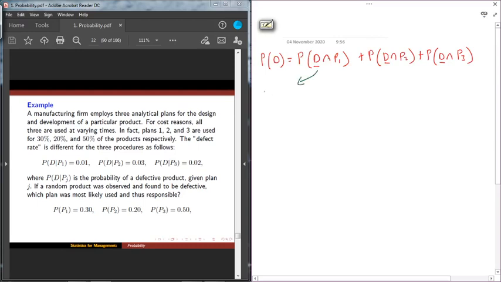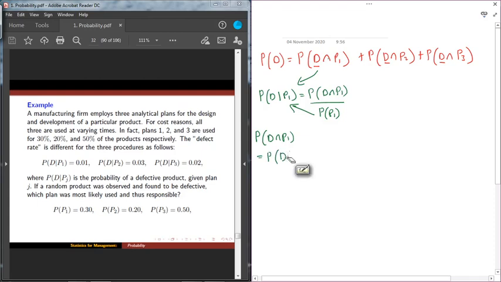Now remember how we find this? 0.01 and P1 is 0.03. This one you should get 0.03.